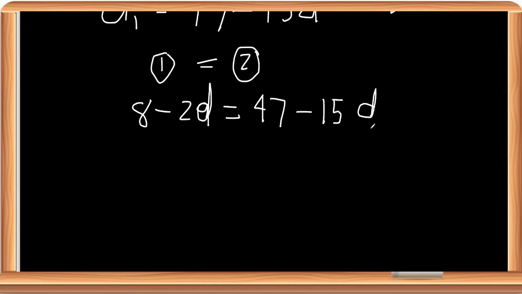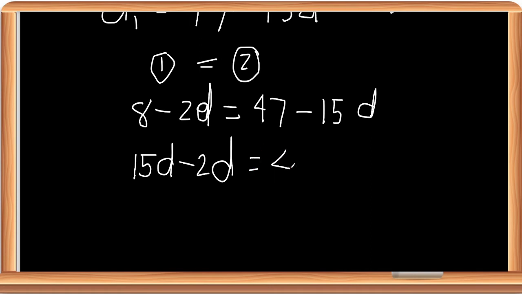Ilipat natin itong merong d dito sa kabila at yung mga numbers dito sa kabila. So, kung ililipat natin yung 15d, since minus 15d siya dito, magiging positive 15d. And then, minus 2d. It is equal to, so we have 47 here, minus, ito ang ililipat natin, since positive siya, kung ililipat natin dito, magiging minus 8. No? So, 15d minus 2d is 13d. 47 minus 8 is 39.